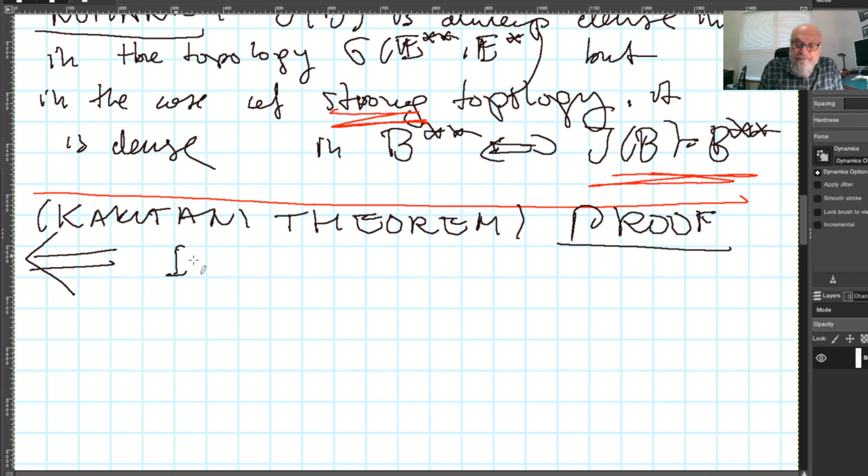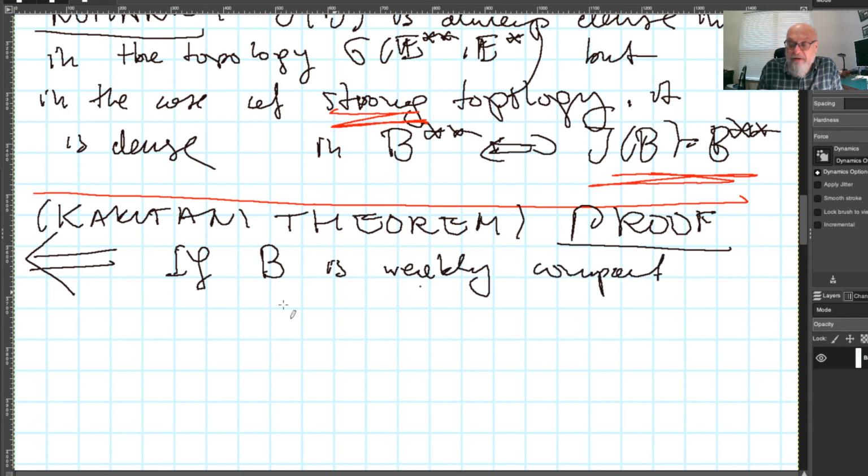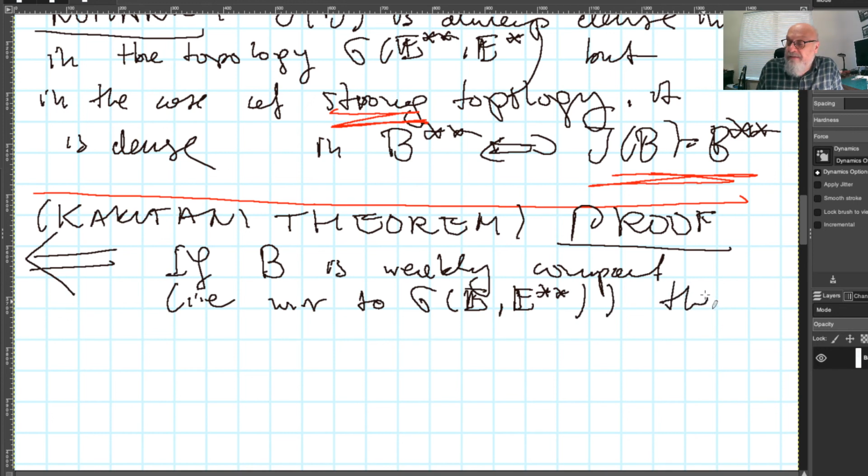So if B is weakly compact, that means with respect to this topology, then the space is reflexive.